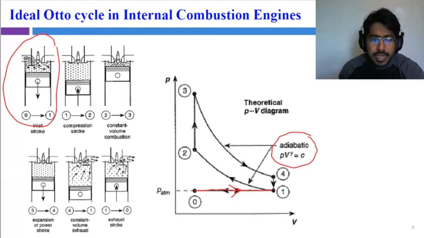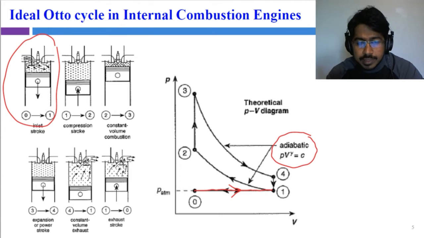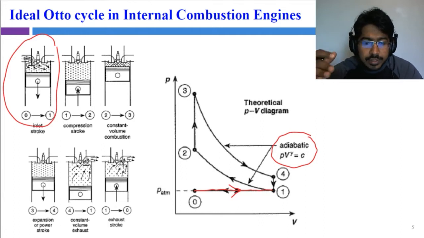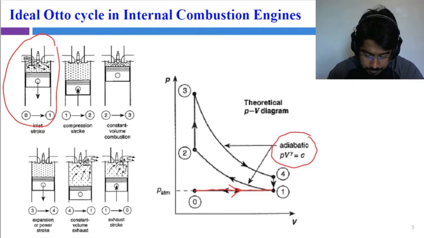For adiabatic processes, we learned PV^gamma is equal to a constant, where gamma is the specific heat constant. In a question, you might see an adiabatic process and, within brackets, the specific heat constant given. If it is not given, you can go to property tables and find it yourselves. Anyways, back to the topic.